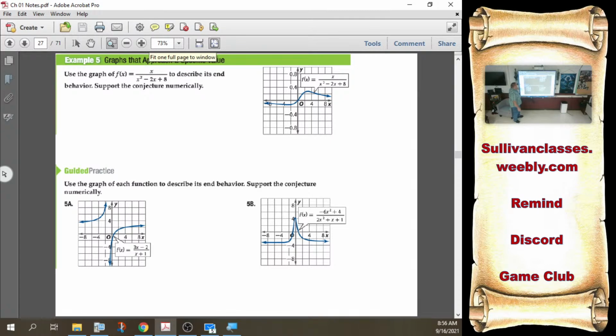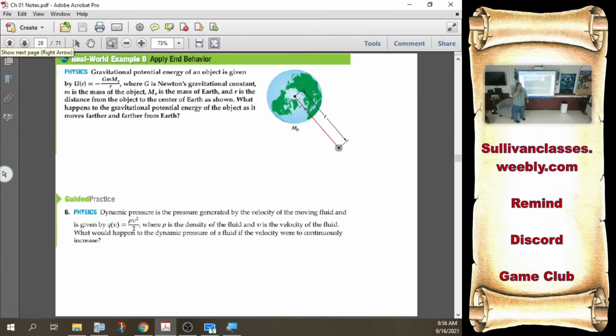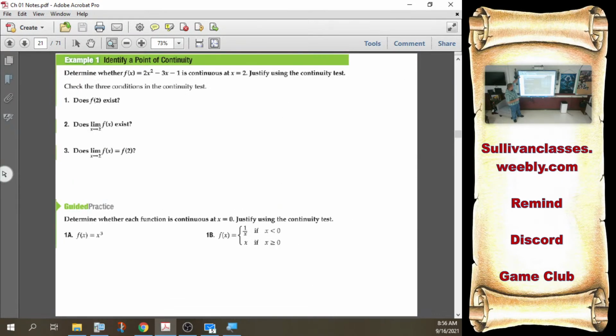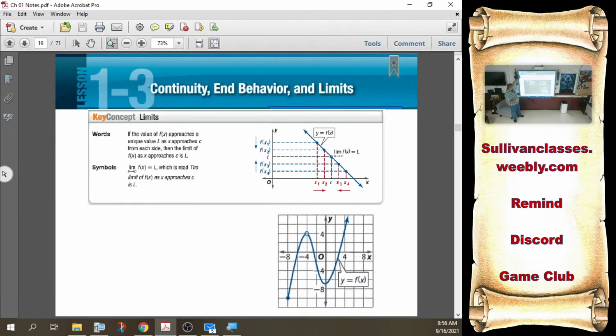Right? So, oh, it's not specifically in here, but I want to talk about it. Go all the way back to the first page of section 1.3.